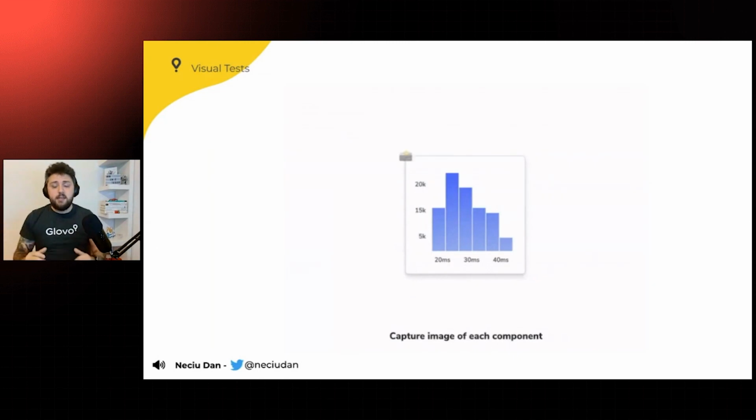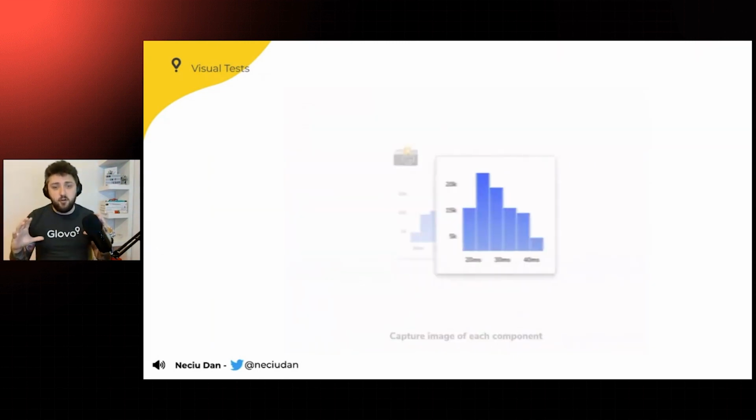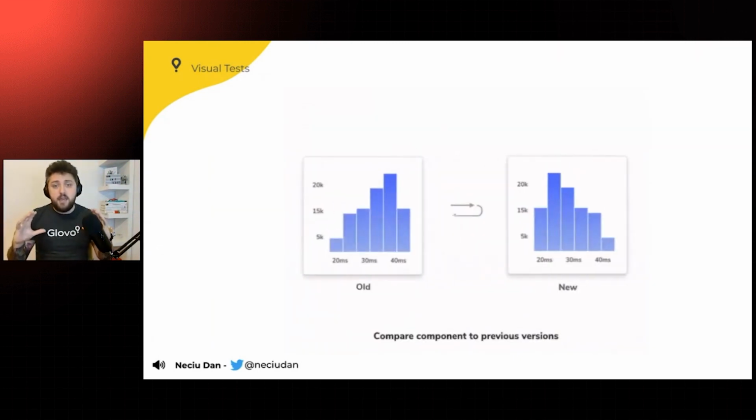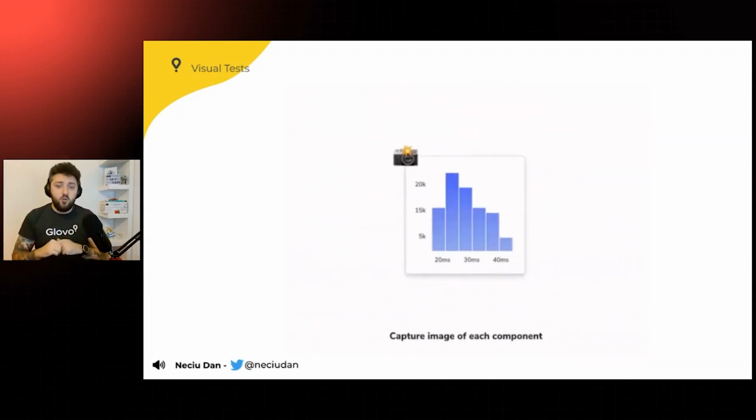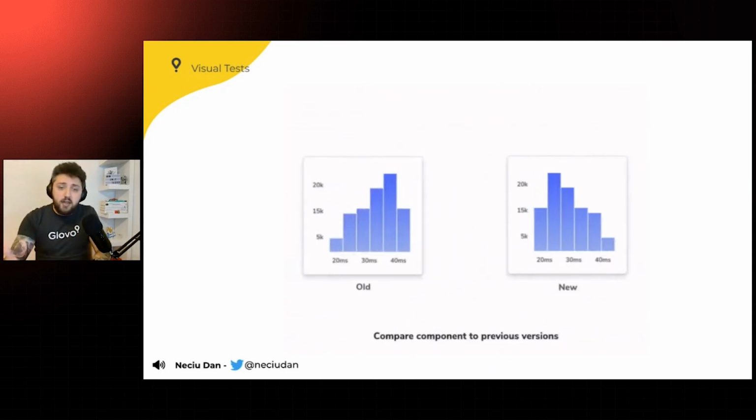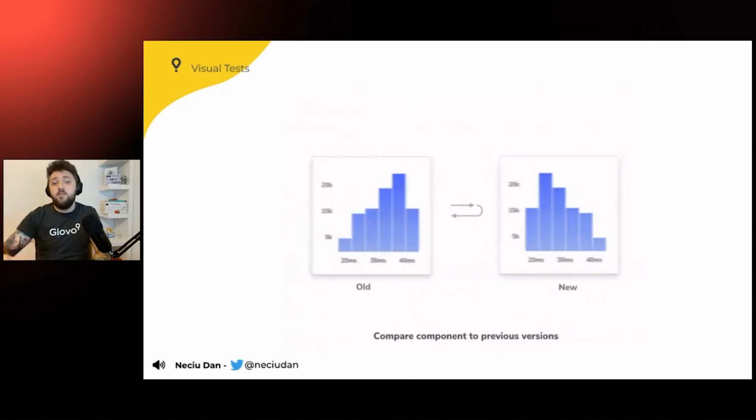What it does is take a picture of your actual browser page, and then compare it with what it had before in the master branch. If there are differences, it's going to tell you, hey, something changed visually. Is this change correct or is it not? If it's not, it's going to break the pipeline.